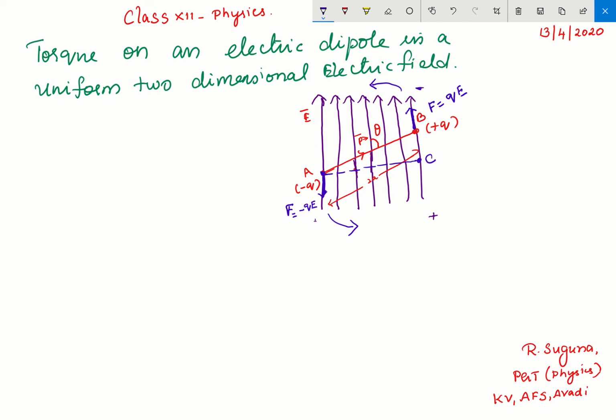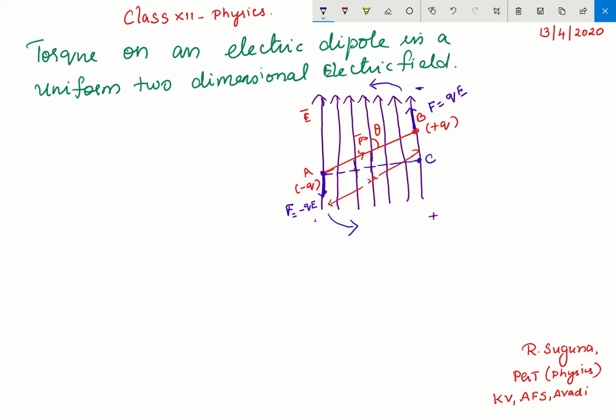Okay. Therefore, what is the function of the torque? The couple tends to align the dipole axis along the electric field. That is the function. The couple tends to align the dipole in the direction of the electric field.